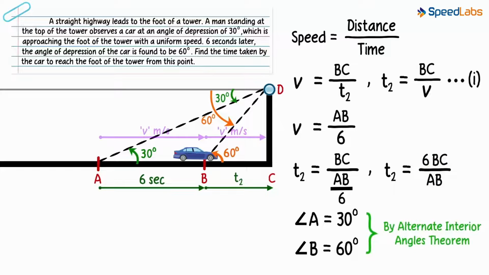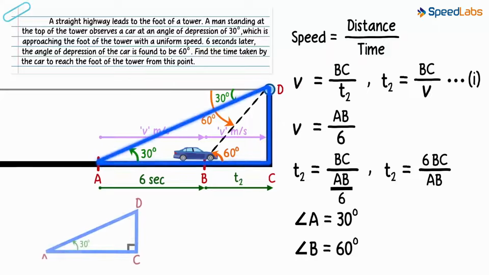Using the alternate interior angles theorem, we found out the values of angles A and B as 30 degrees and 60 degrees respectively. Now let's just focus on the two triangles we have. A right triangle DCA, and there's a right triangle DCB here too. Which trigonometric ratios will we use here? Quite interesting.